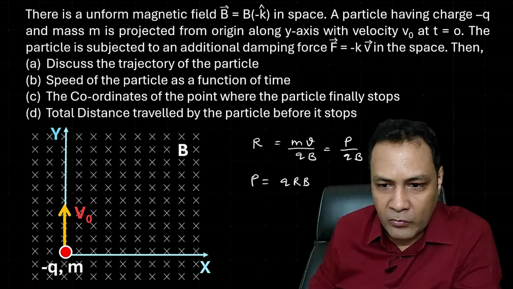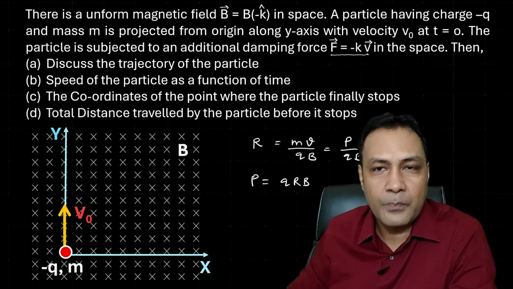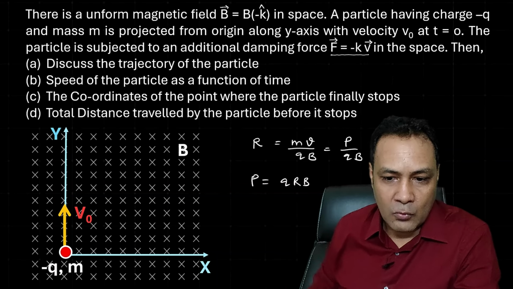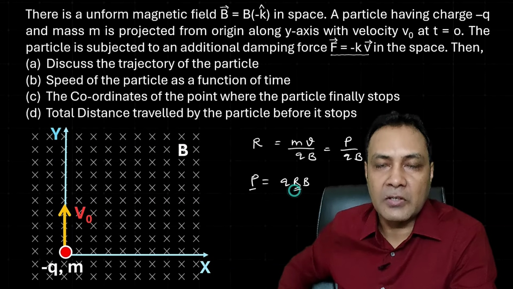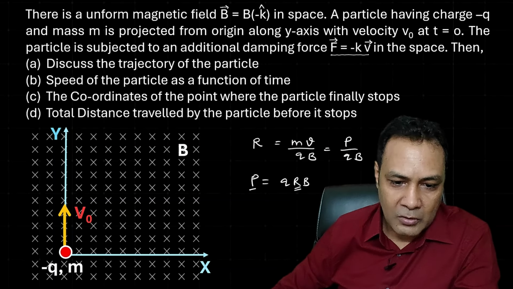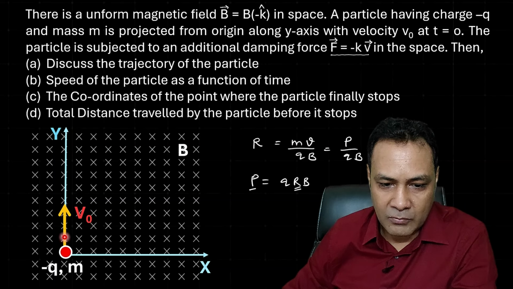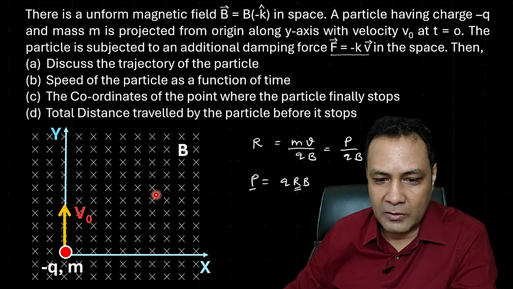As the particle is moving, because of this force, it is continuously losing kinetic energy, so momentum will also be lost. So its radius will continuously decrease. The path would be something like this. It will go like this, go like this. The speed is decreasing and the radius is decreasing.